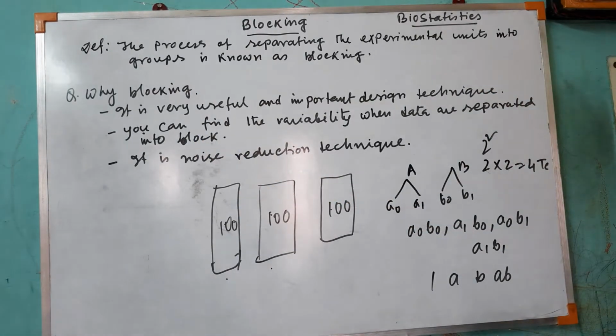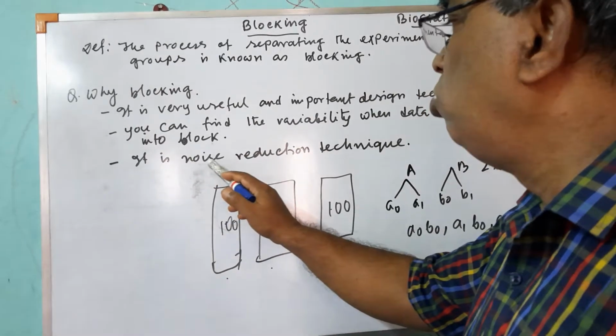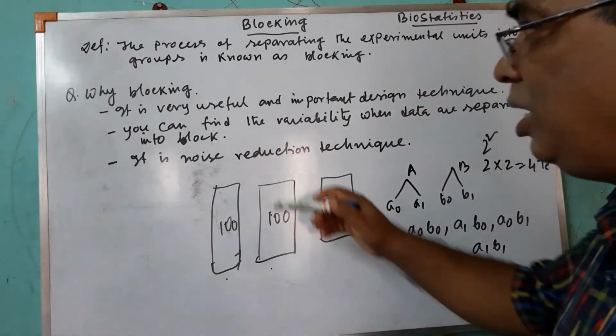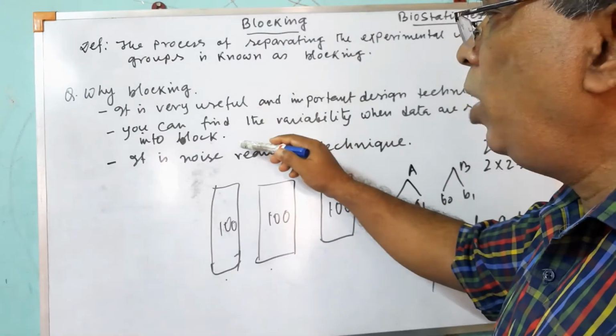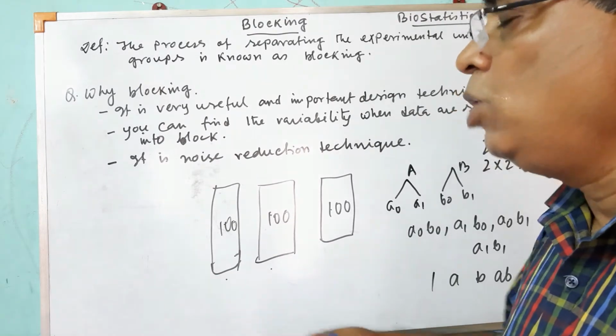You can also find the homogeneity of the data from the blocks. And another important point is that it is a noise reduction technique. These are the three important points for why we use blocking.